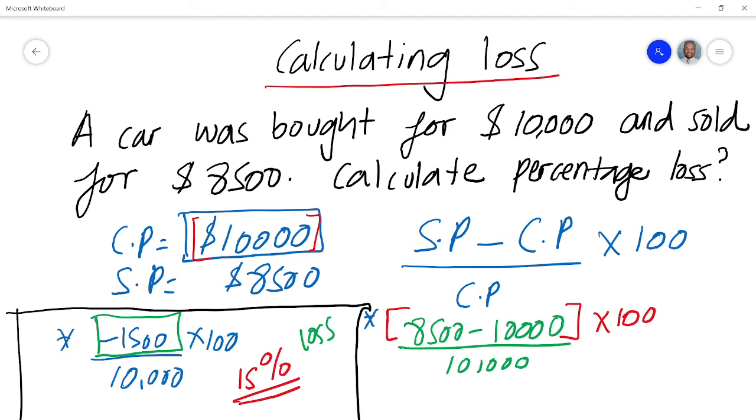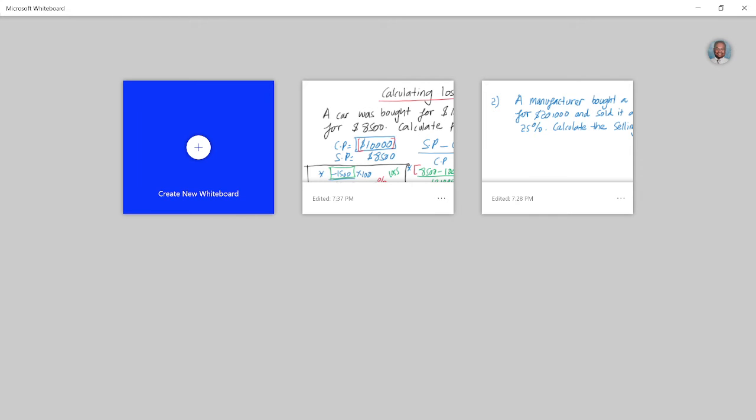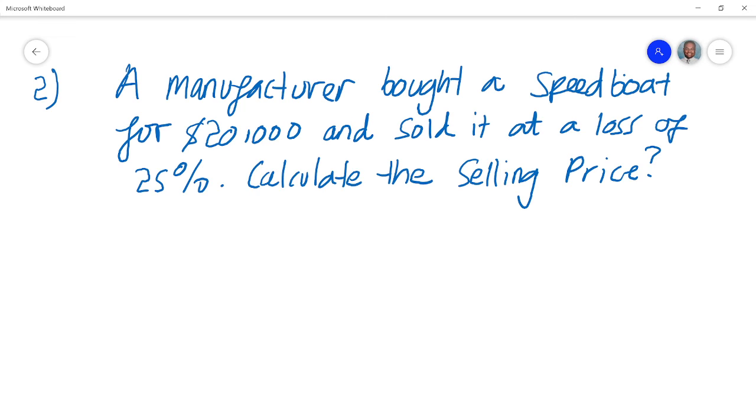Now, let's move on to the second question. A manufacturer bought a speedboat for $20,000 and sold it at a loss of 25%. Calculate the selling price. You can see the difference between the first question and this one. In the first question, we gave you the cost price and the selling price, and you needed to calculate the percentage loss.